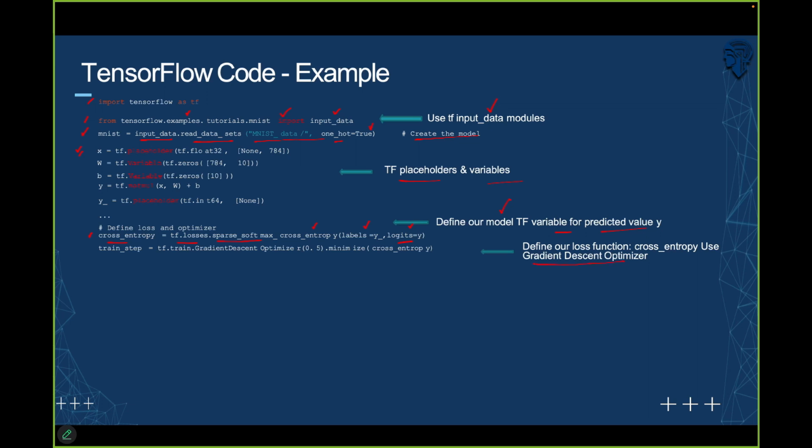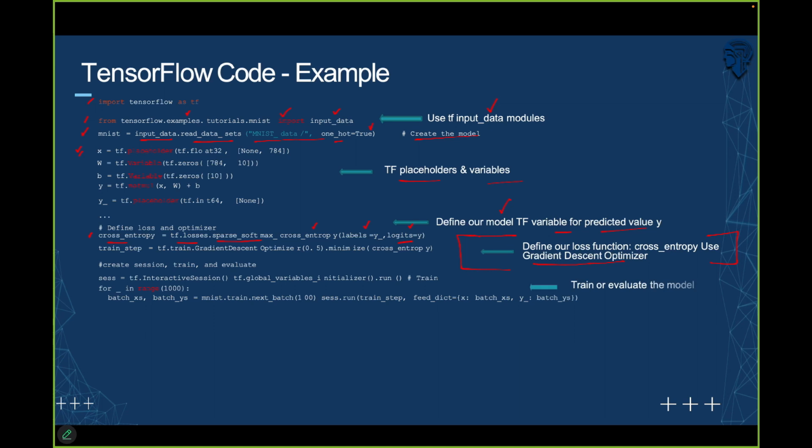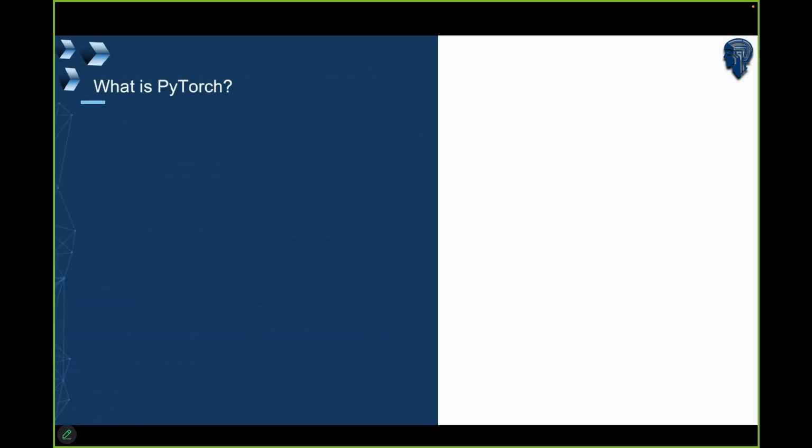I want you to search these terms and their meaning with examples using Cohere Playground, which I recommended. Create session, train and evaluate. This is a complete simplest possible cycle. Train and evaluate the model, and then is the final output.